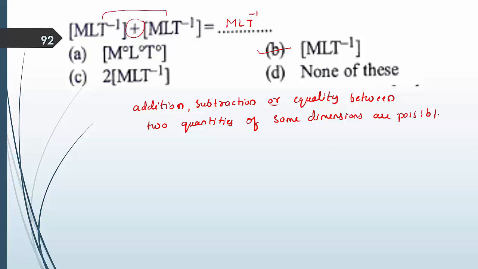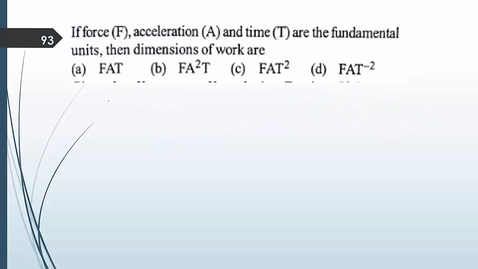Remember, if they are having different dimension, then you have to consider only multiplication or division. But here they are having same dimension. It is possible and the result also have the same dimension. So option B is correct.